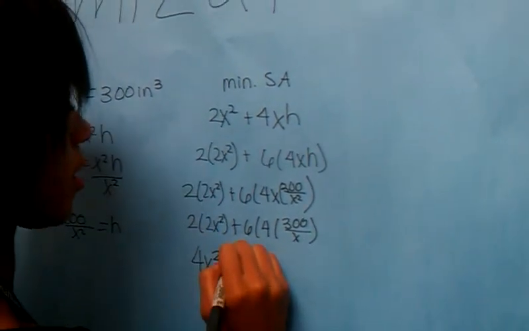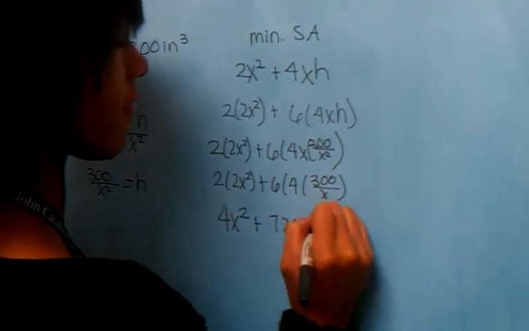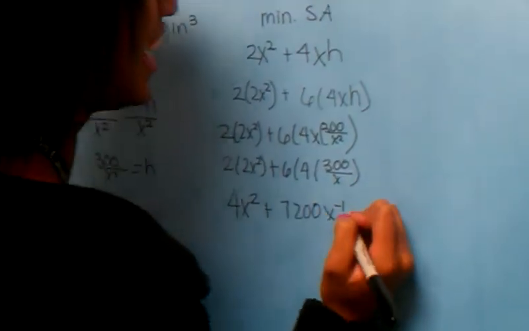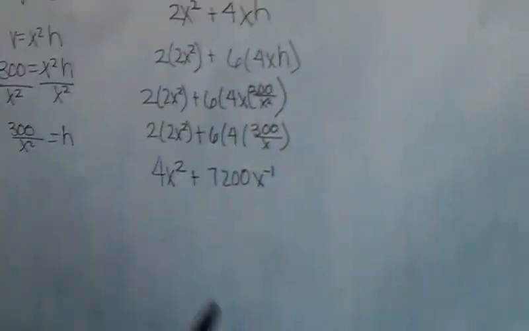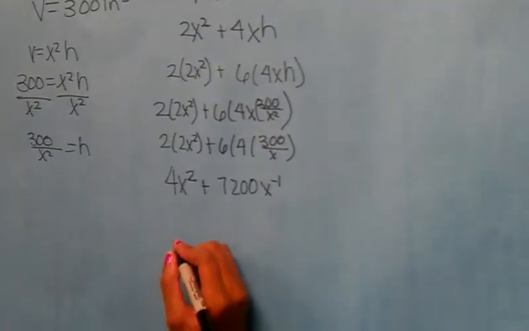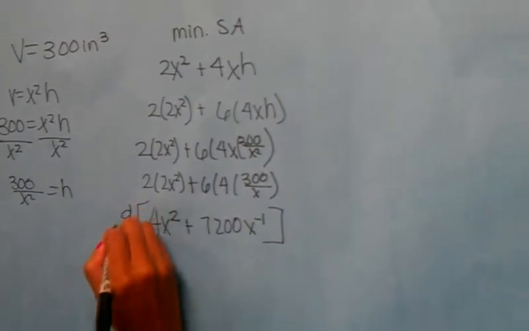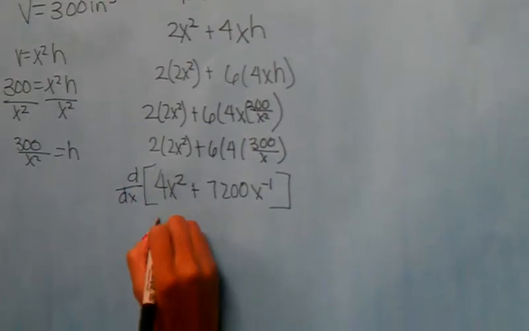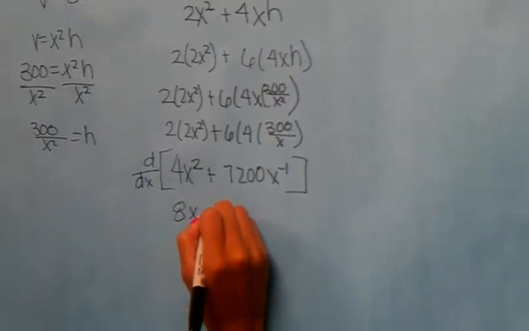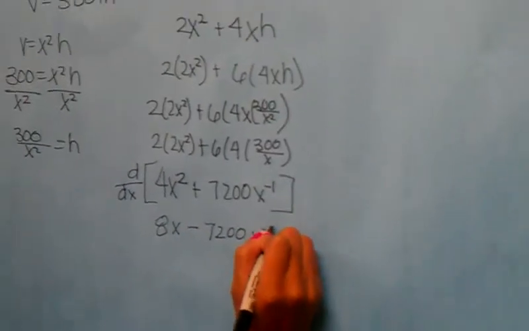4x squared plus 7,200 x to the negative 1. Alright, and taking our derivative with respect to x, will be 8x minus 7,200 x to the negative 2.